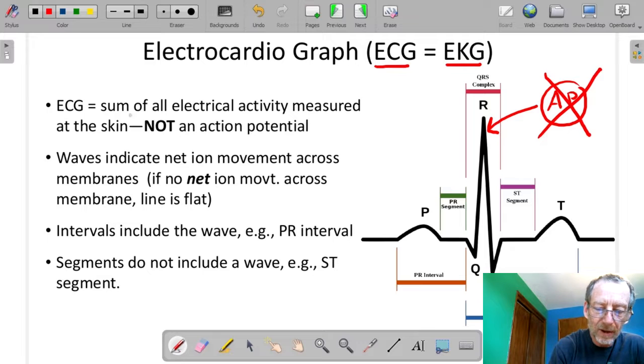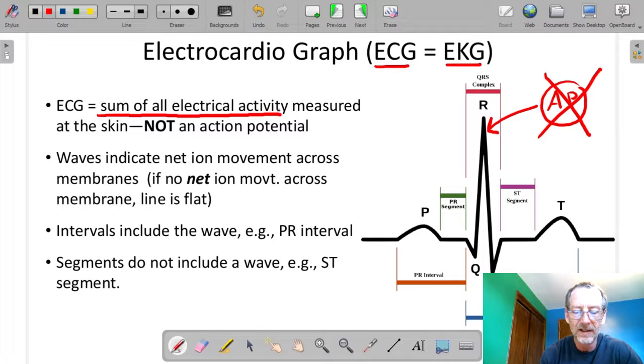So what we're looking at on an EKG is the sum of all the electrical activity measured at the skin. So it is not the same as an action potential. It takes a little while to get used to that idea.